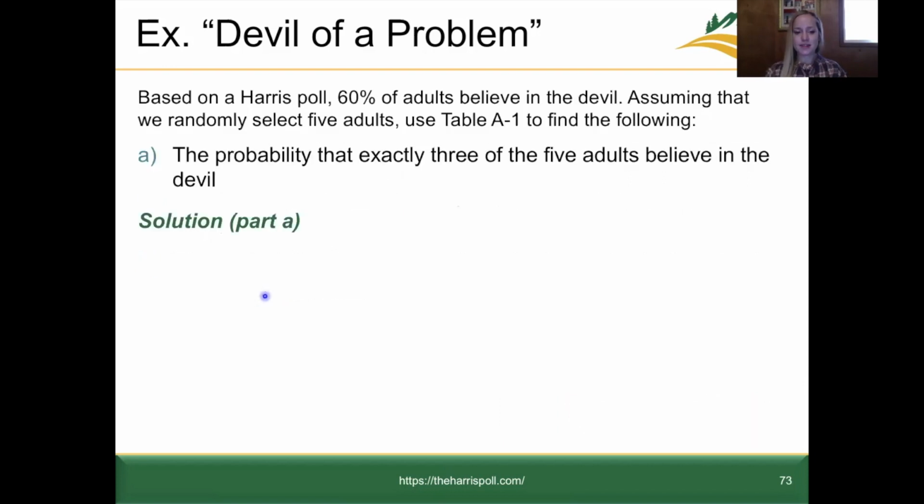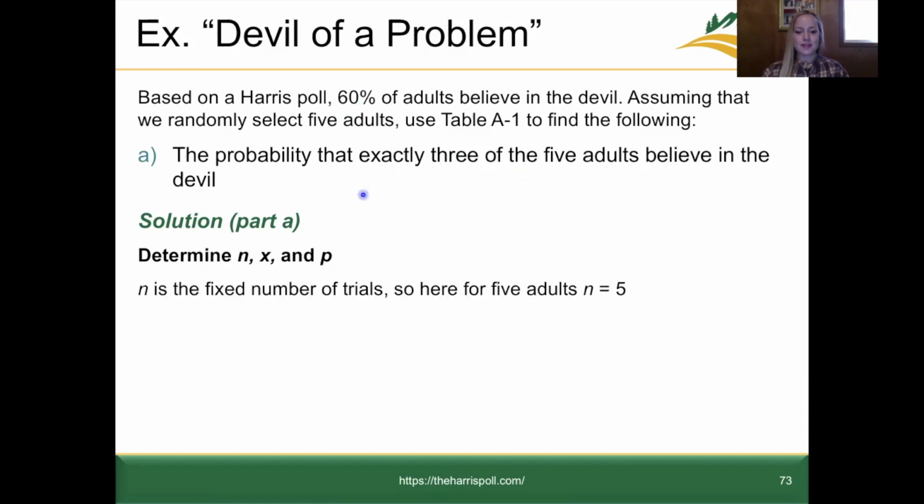Let's solve part A. In solving any of these problems, we need to determine the notation. Here we're selecting out of 5 adults. We're interested in 3 of those 5 adults. In the problem itself, we're told that 60% of adults believe in the devil. So for n, it's the fixed number of trials.